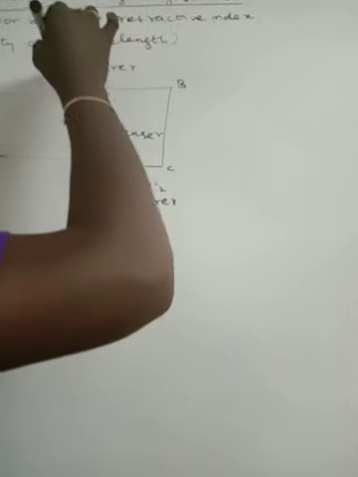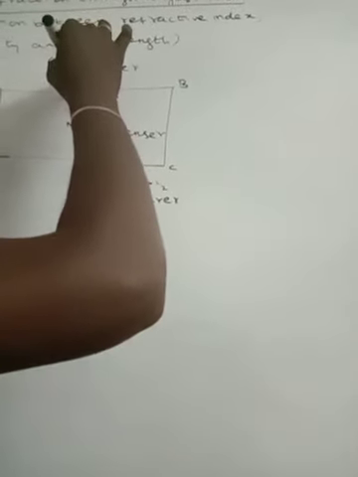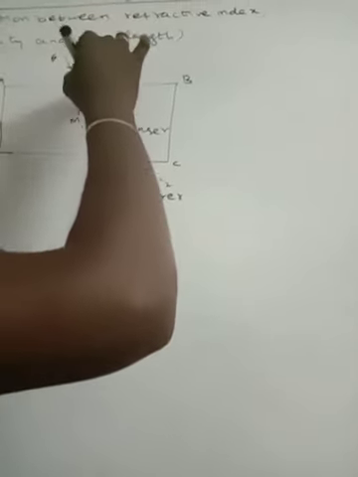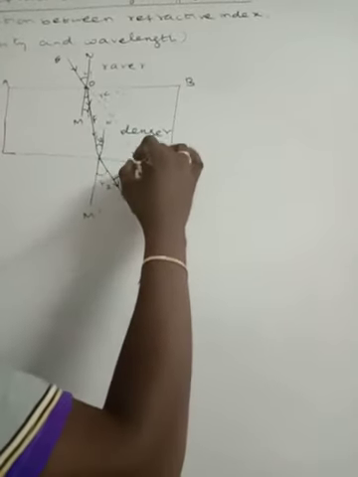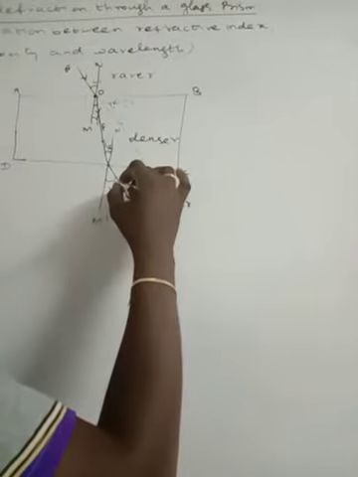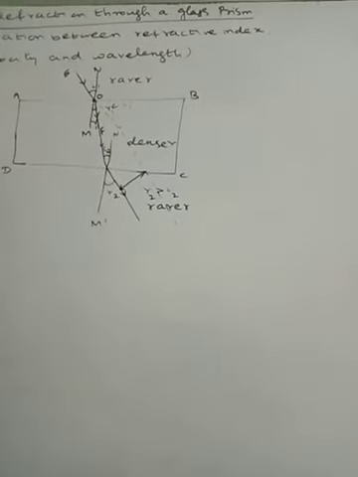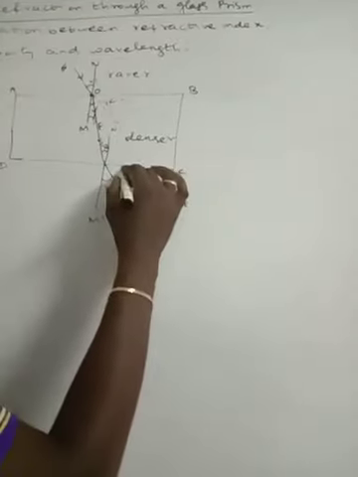So draw the virtual ray of the incident line EO. The distance between the emergent ray and the incident virtual ray is called lateral displacement.